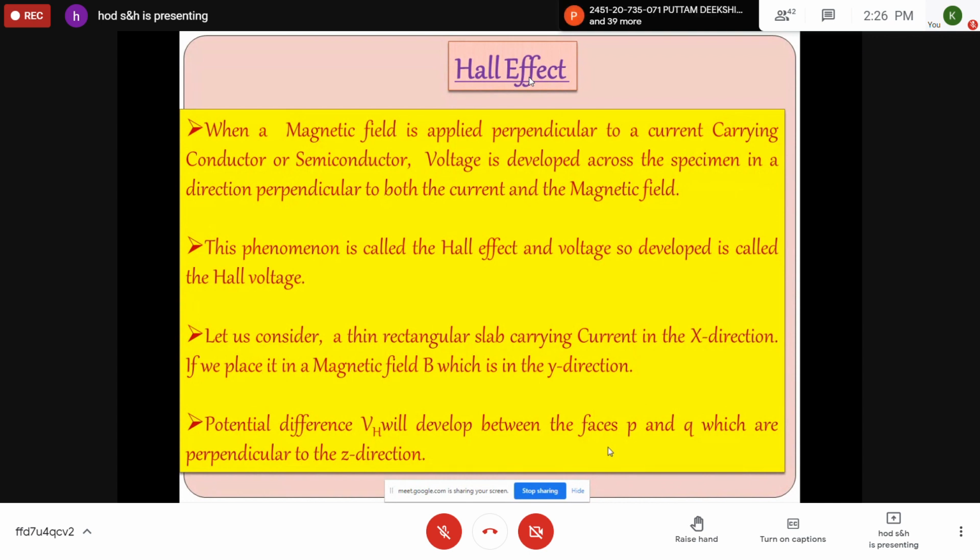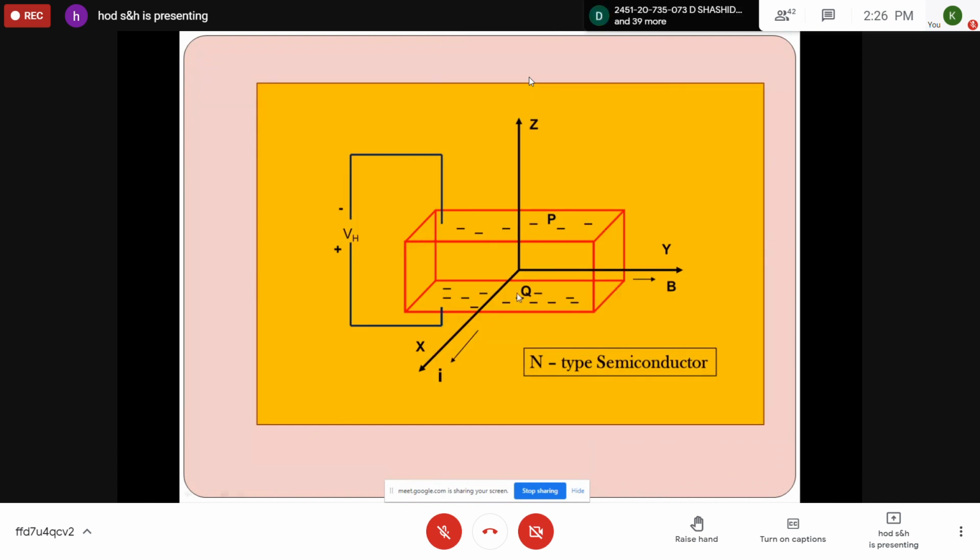Because of this, a potential difference VH is produced between the faces. Let us assume the current is flowing along the x-axis and the magnetic field is applied along the y-axis. Then a voltage is produced because the charges are accumulated on the opposite faces. Because of that, a certain voltage is produced within the material, and this is called the Hall voltage.